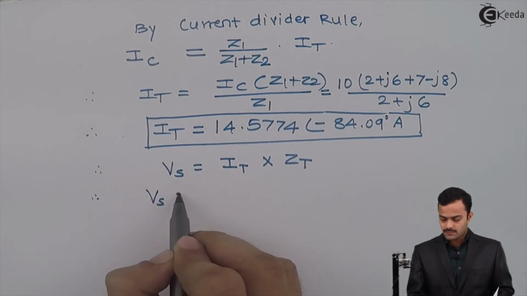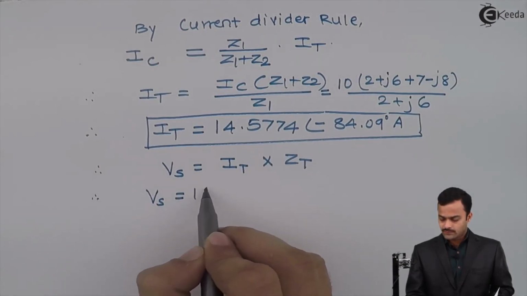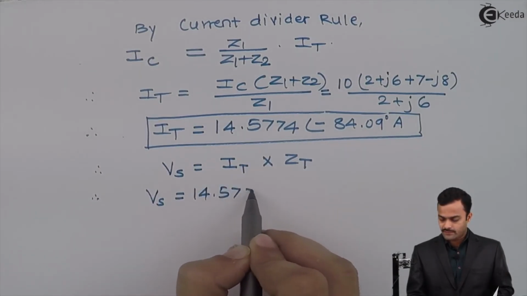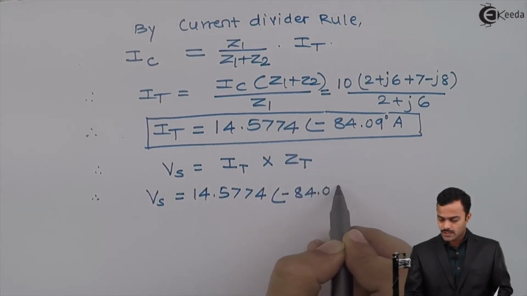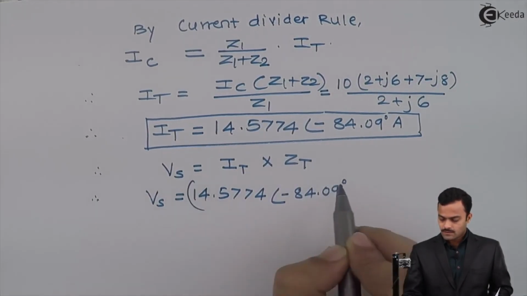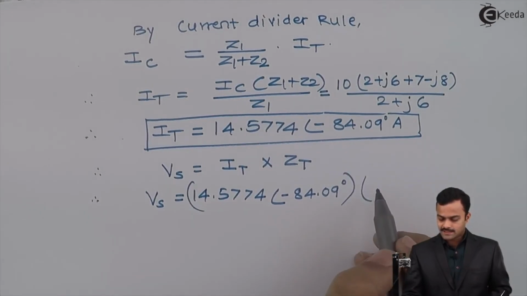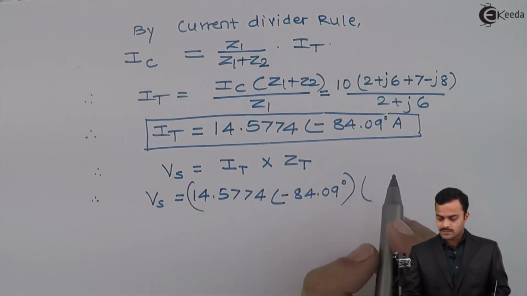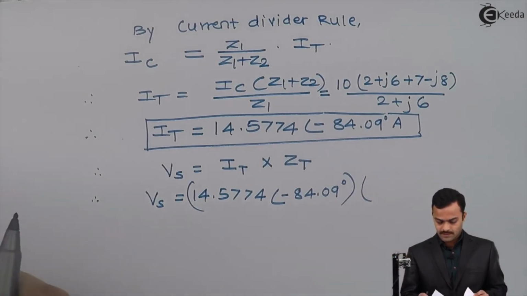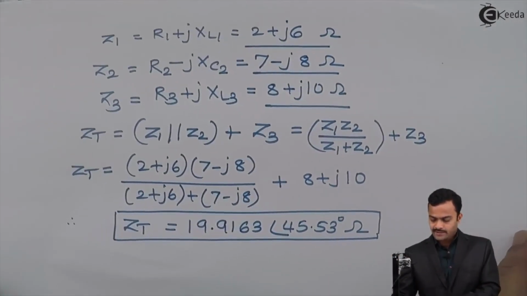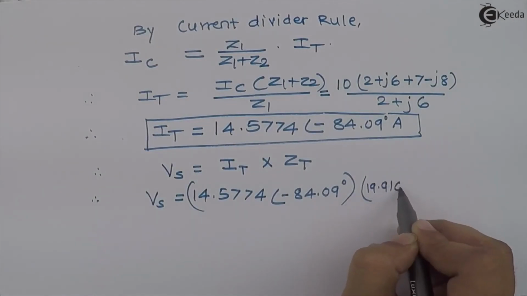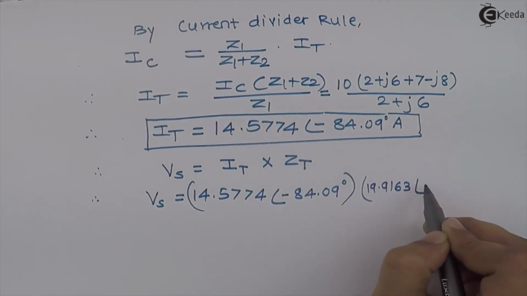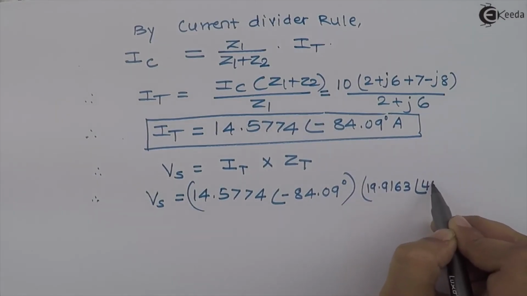So Vs equals total current, 14.5774 at an angle minus 84.09, multiplied by ZT. ZT we have calculated as 19.9163 at an angle 45.53.